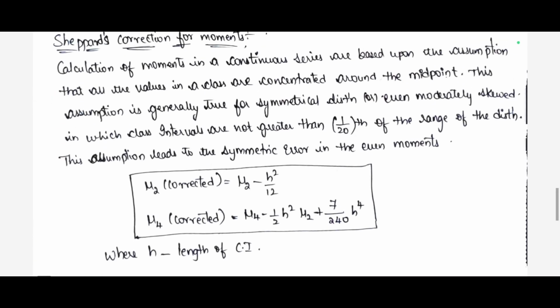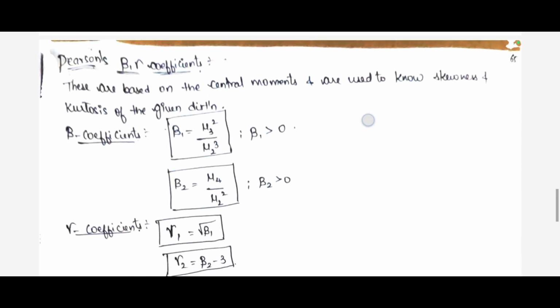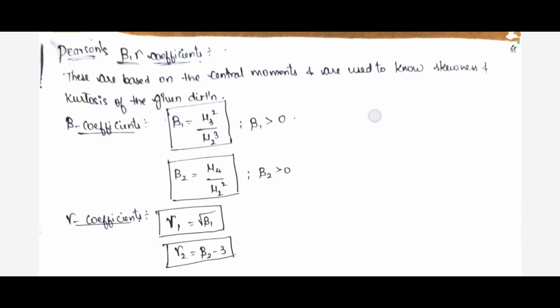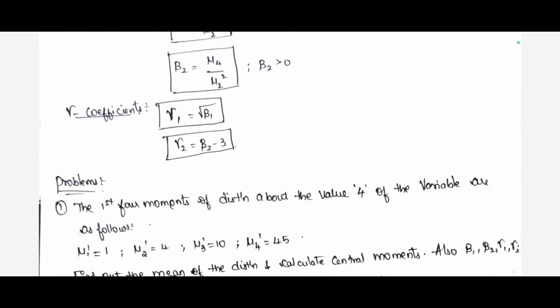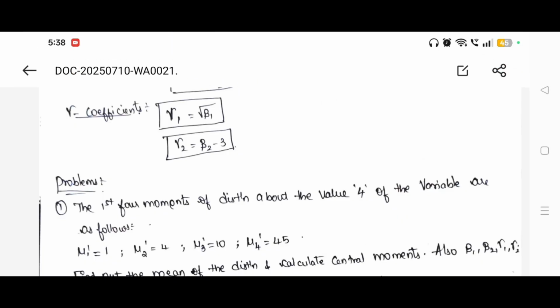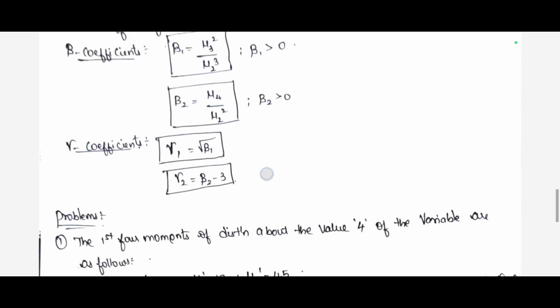So here we have to use the Sheppard's corrections for continuous frequency data while calculating. Next, beta 1 and beta 2. Beta 1 is mu3 square divided by mu2 cube, and beta 2 is equal to mu4 divided by mu2 square. Gamma coefficients: gamma 1 is equal to the square root of beta 1, and gamma 2 is equal to beta 2 minus 3.